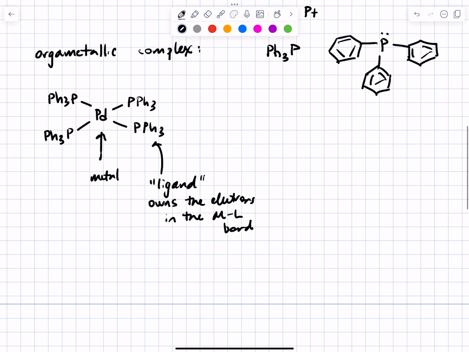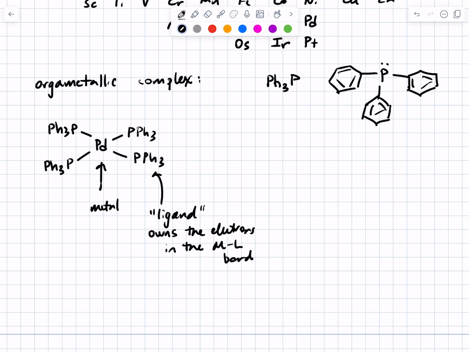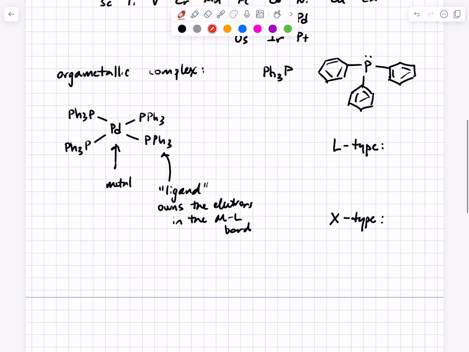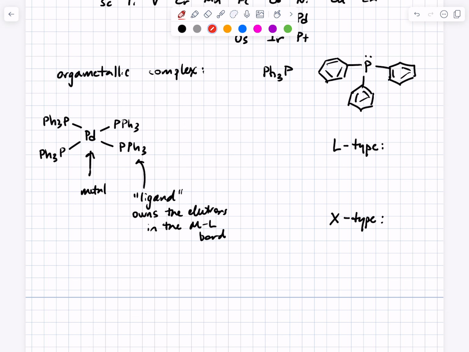And we're going to see that there are 2 types of ligands: L-type ligands and X-type ligands. The way to determine whether a ligand is L-type or X-type is simply to take the ligand and have it leave the complex with its electrons from the metal-ligand bond, and then determine whether that ligand is negatively charged or neutral after it has left.